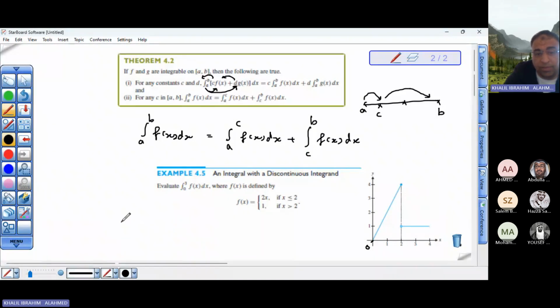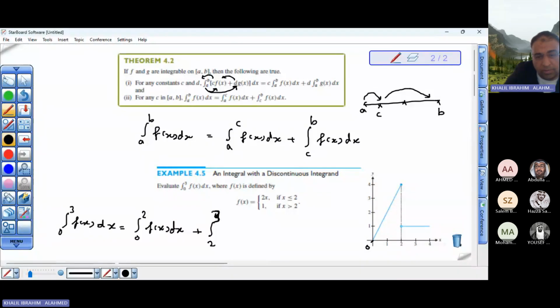How to find the integration? I can write the integral from 0 to 3 of f of x dx equals the integral from 0 to 2 of f of x dx plus the integral from 2 to, no, I don't need 4, because the integral is from 0 to 3, so from 2 to 3.